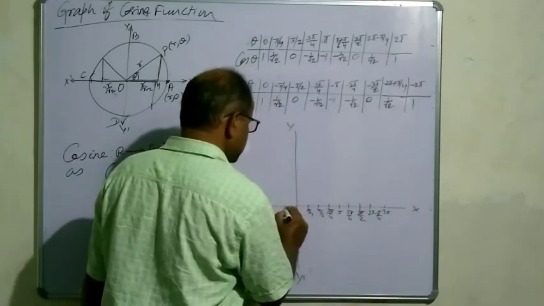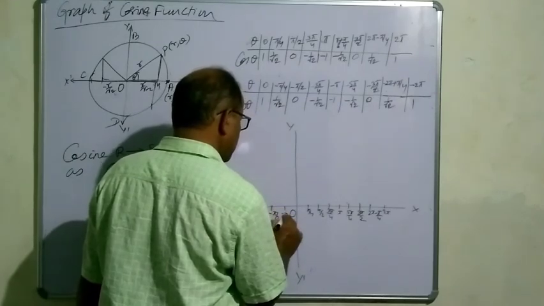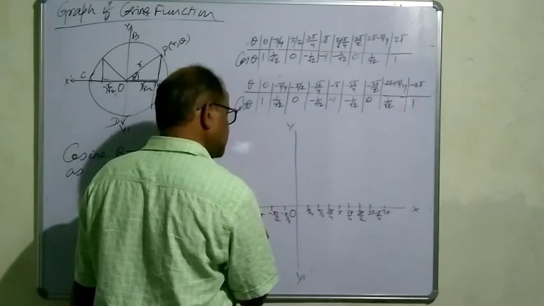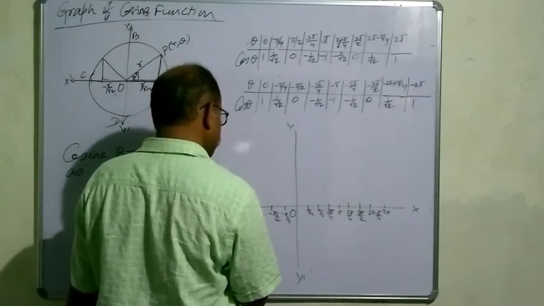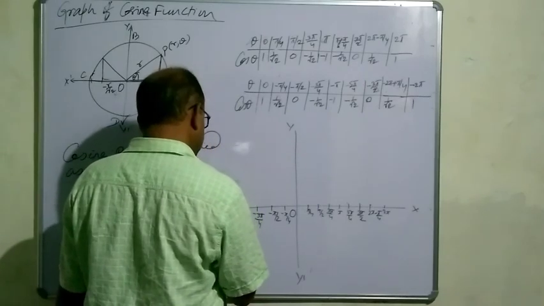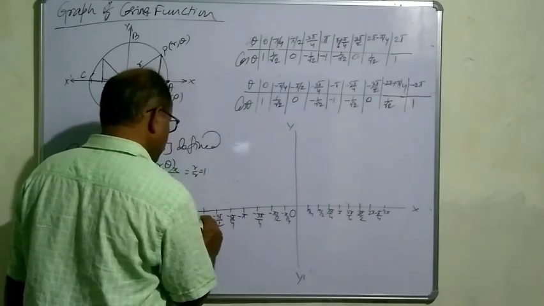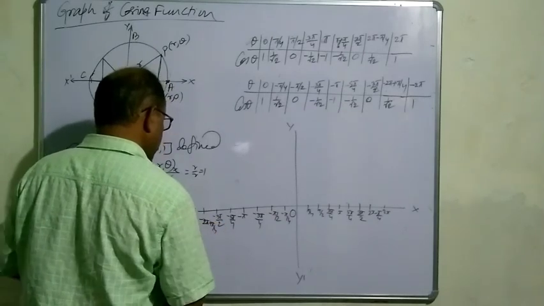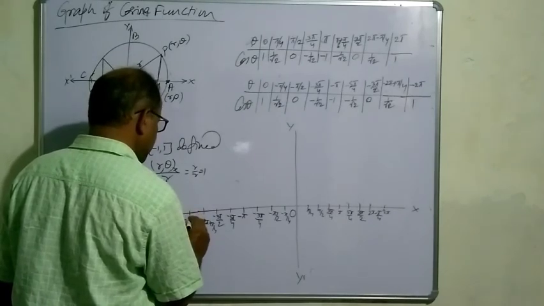Again here it is minus pi by 4, minus pi by 2, minus 3 pi by 4, minus pi, minus 5 pi by 4, minus 3 pi by 2, then minus 2 pi plus pi by 4, and next it is never ending, it is minus 2 pi.